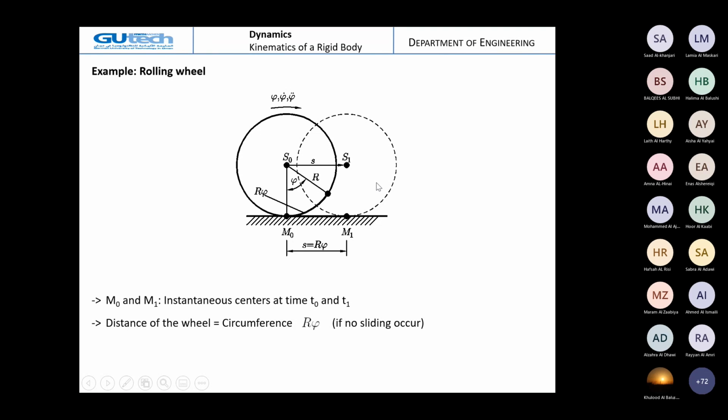Okay, there is only a rotation. If there is sliding, the value of this distance M0 to M1 will change. That means there is sliding. We take this part of the sliding plus the covered distance due to the angular velocity omega, which we also call phi dot.